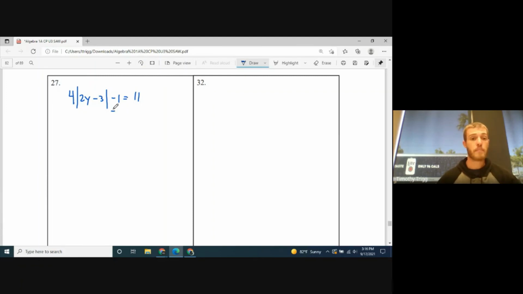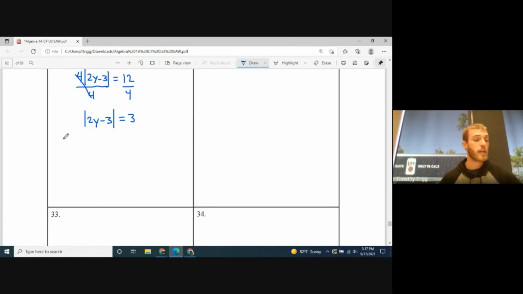So we're going to add 1 to both sides here, giving us that 4 times the absolute value of 2y minus 3 equals 11 plus 1 is 12. Then we would divide by 4 both sides to get the absolute value alone. That'll give us that 2y minus 3 equals 3.